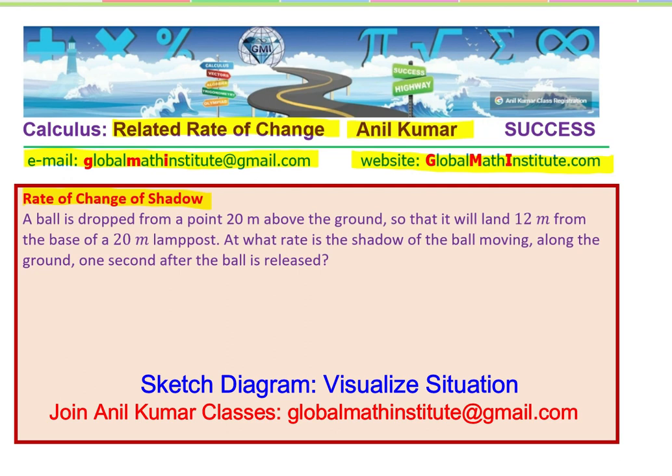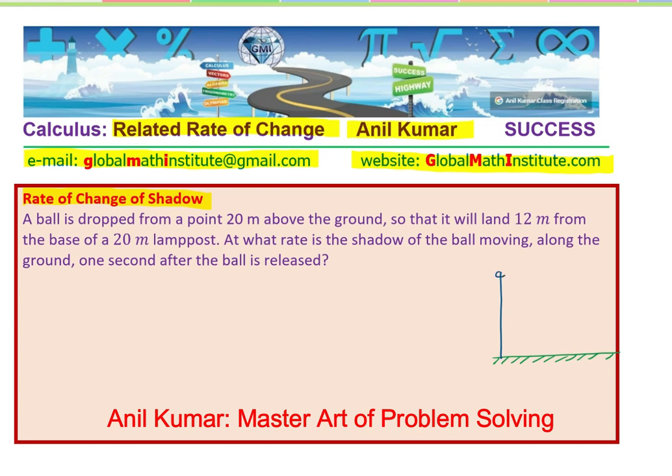So we are given that, let's say this is the ground, and two things are happening here. One, there is a stationary lamppost. That's the light, right?